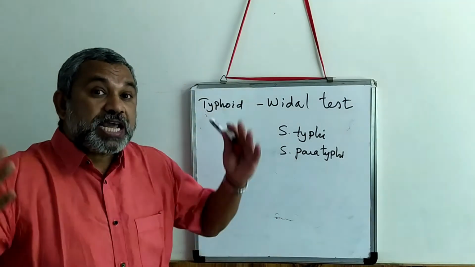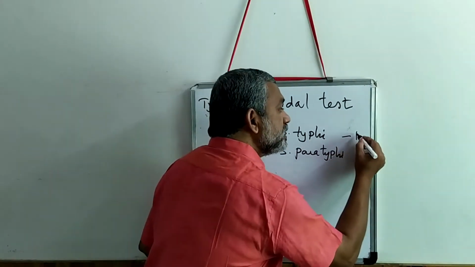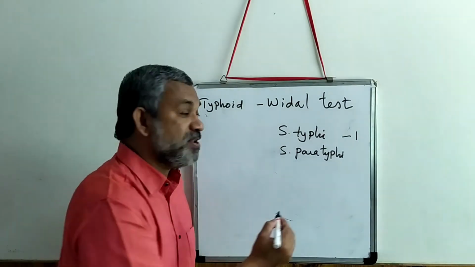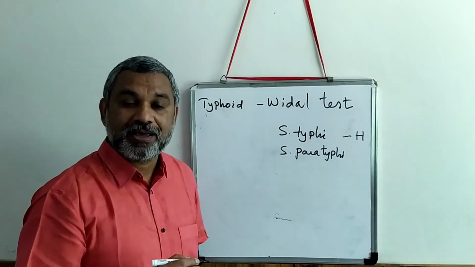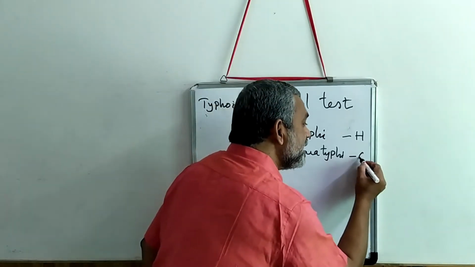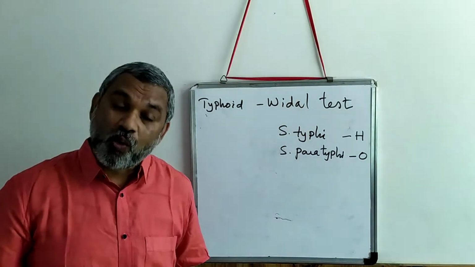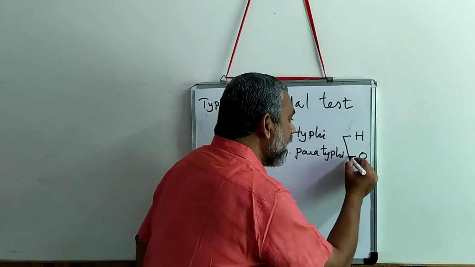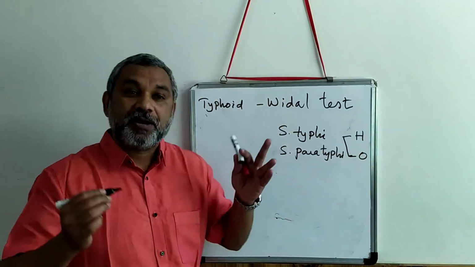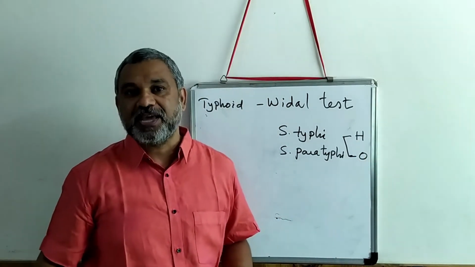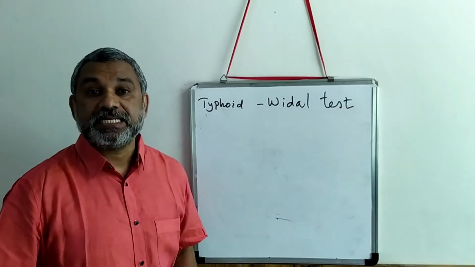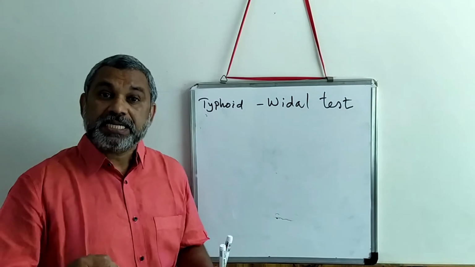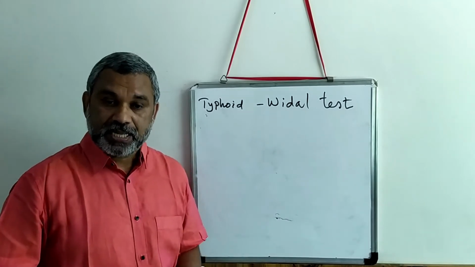They have two kinds of antigens. One is the flagellar antigen, which is denoted as H, a very potent antigen. Another one is the somatic antigen, which is denoted as O. So these are the two antigens present on Salmonella typhi and paratyphi, antigen H and antigen O. Against these antigens, antibodies are produced in the patient.